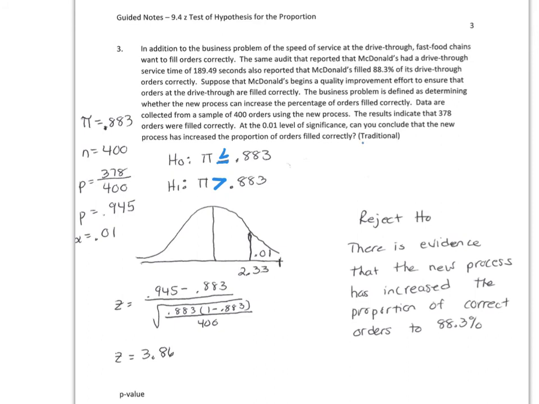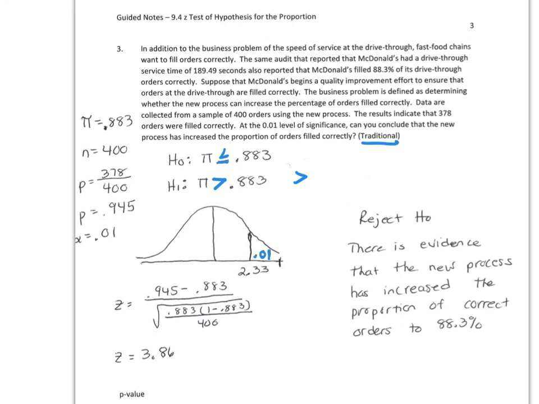And I'm doing the traditional method. So what did I do? This is a right-tail test because you've got greater than in H sub 1. All your alpha is in the right tail, 0.01. I looked in the guts of my table because n minus x, 400 minus 378, is greater than 5, so it's legal to use the z.